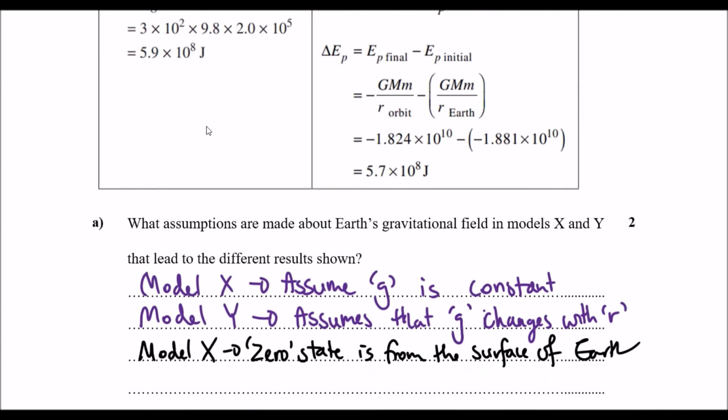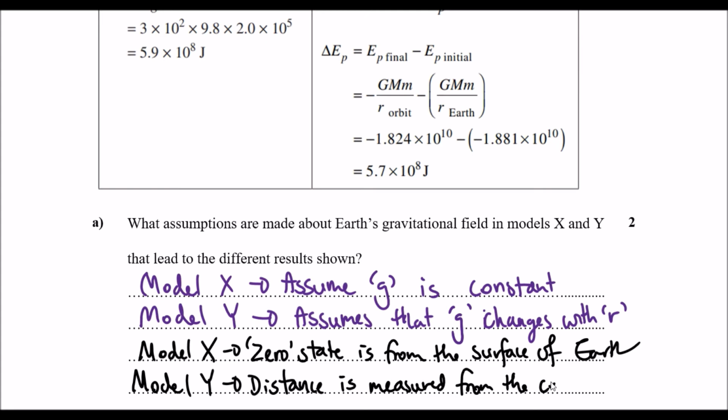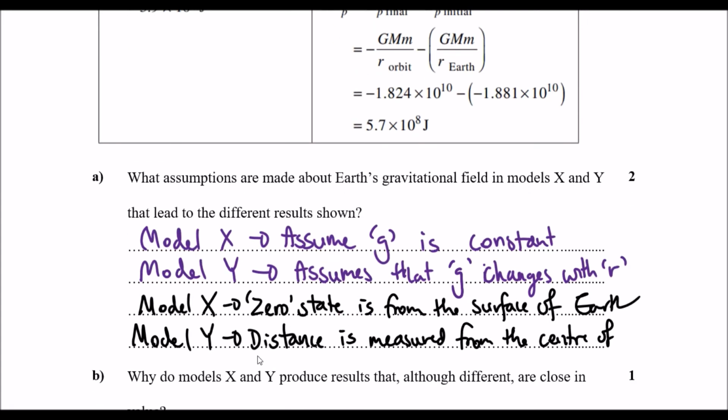Yep, so it's made from the surface of the Earth, while model Y, the zero state or the distance is measured from the center of Earth to the orbital height.